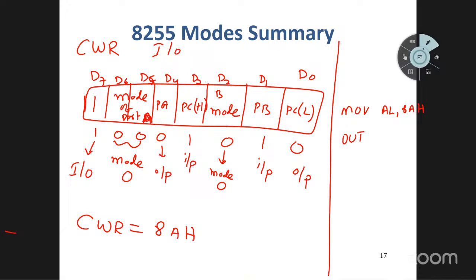OUT means we are sending the data to the external device, and IN means we are reading the data from the external device. But this is sending the data to the external device, that is the 8255, with respect to the microprocessor. So OUT CWR comma.